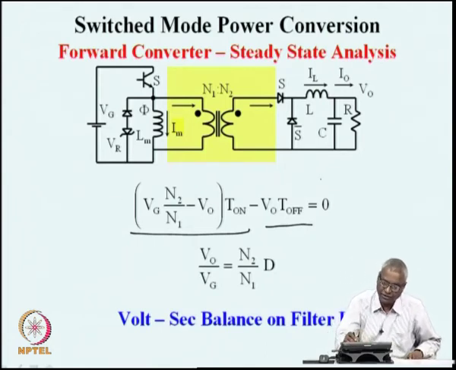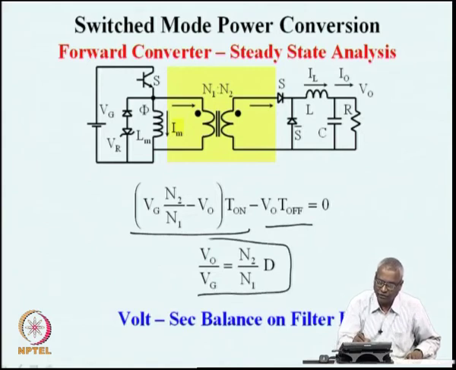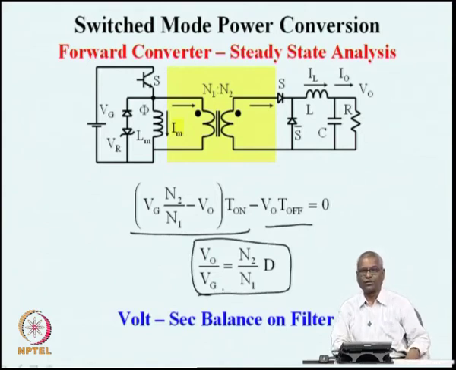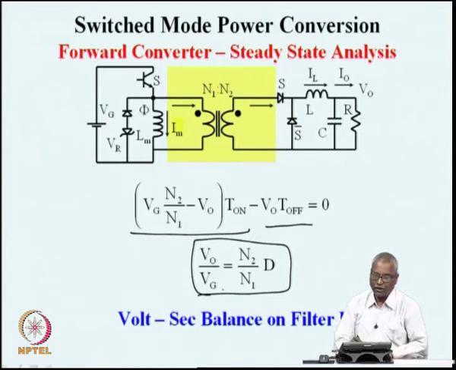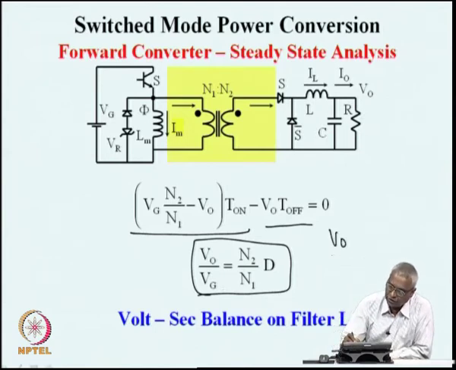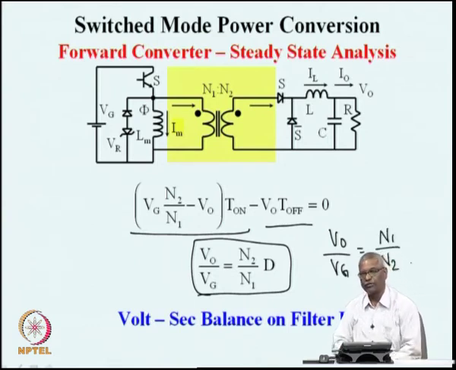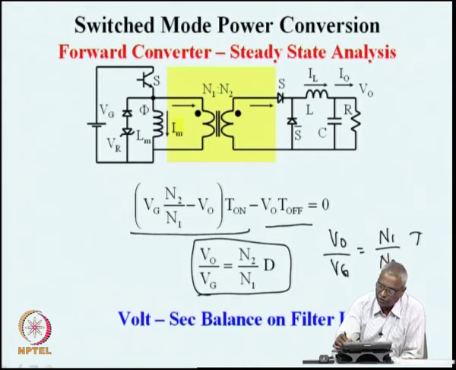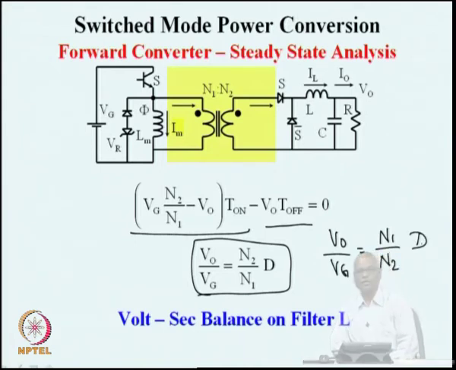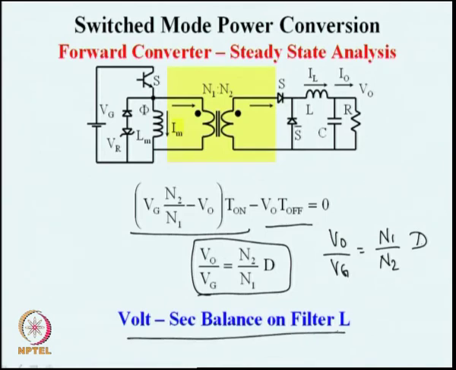If this equation is 0, then we get our famous voltage conversion ratio relationship. The output voltage is related to the input voltage through a turns ratio, which corresponds to the transformer, multiplied by the duty ratio which we had seen in the non-isolated power converter. This volt second balance, if we carry it out on the inductor, we will get the relationship between V naught and Vg.